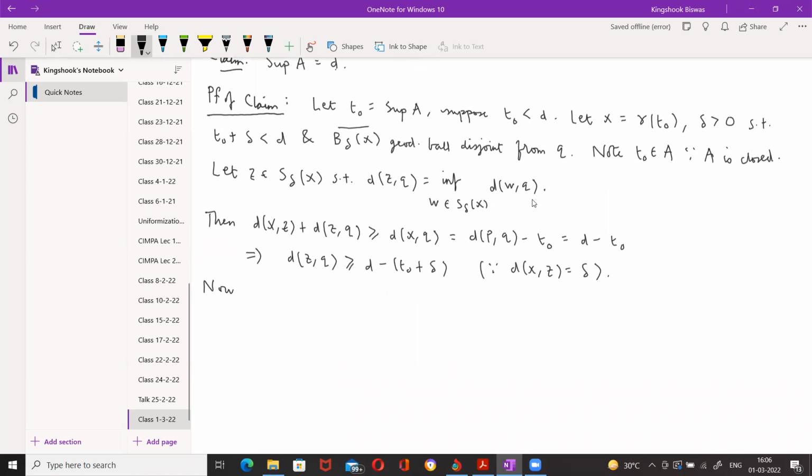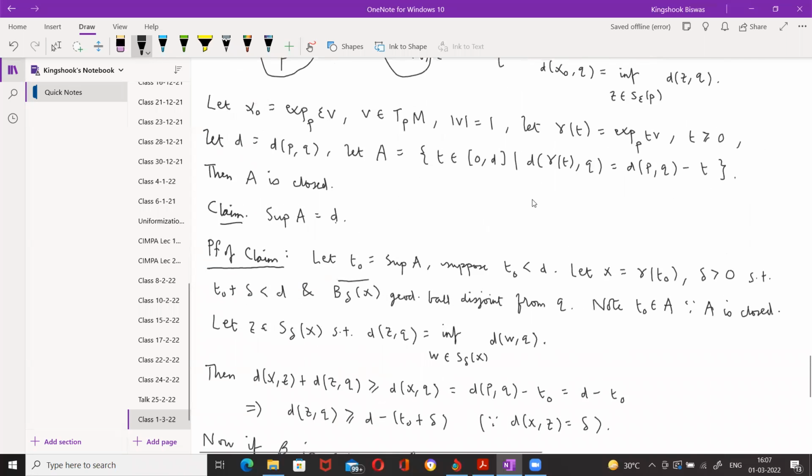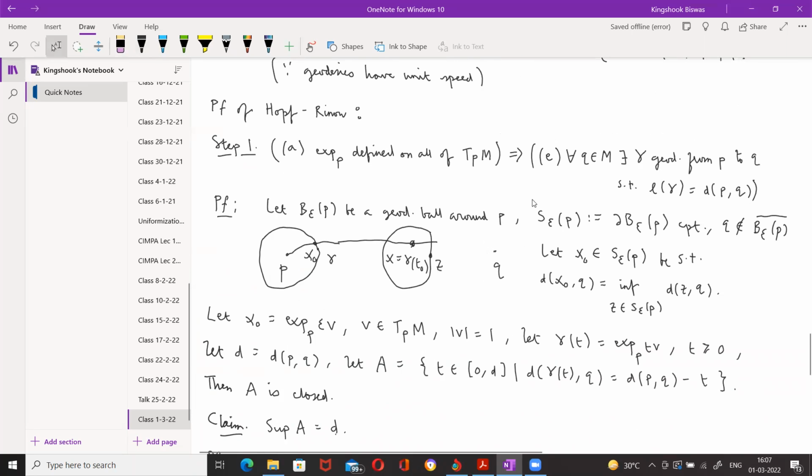Now, if beta is any curve from X to Q. So in this picture, if I take any curve beta here which goes from X to Q, then there will be a first point of intersection with this sphere, right?